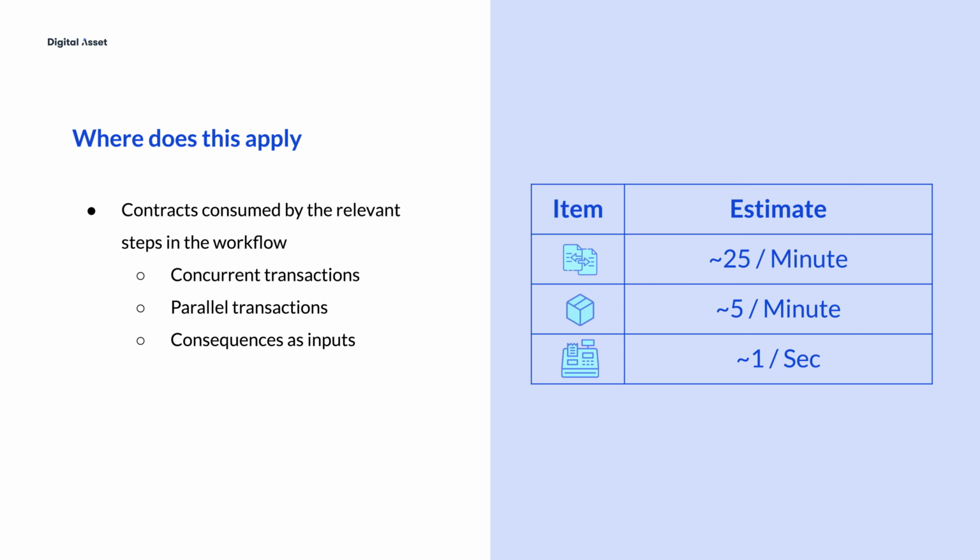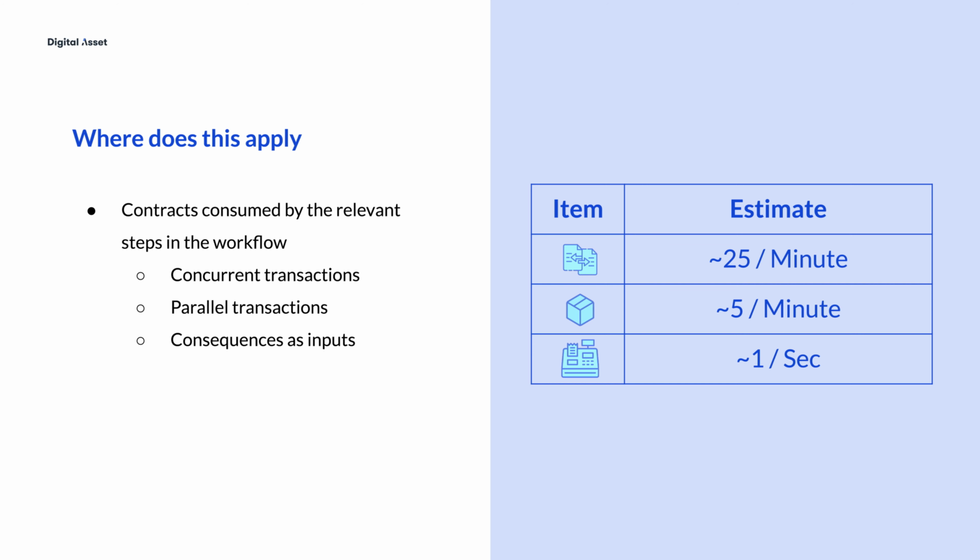Then consider possible contention sources. What happens when we run multiple instances of a workflow concurrently? Do they end up needing to update or consume the same shared contract? What happens when we run the transaction in parallel with other workflows? Again, do they end up with multiple updates to the same contract that would therefore need to be queued or serialized?